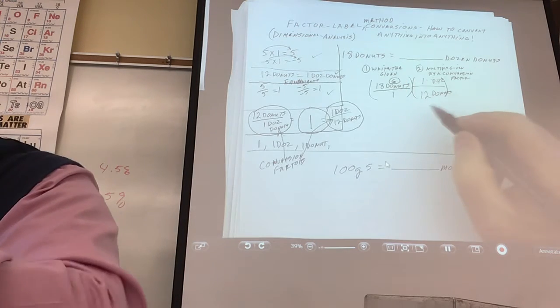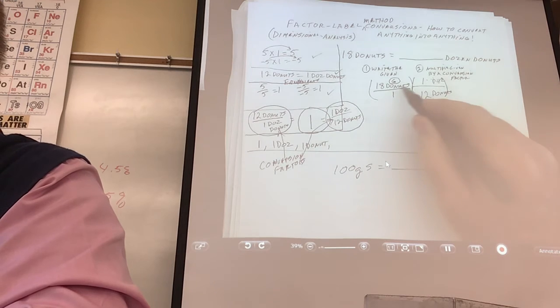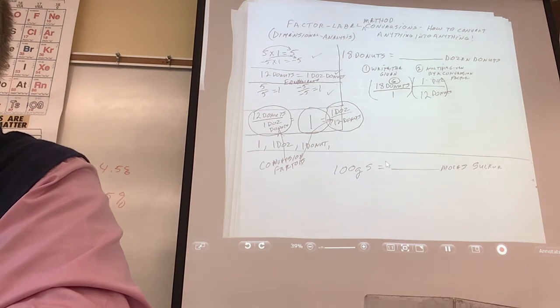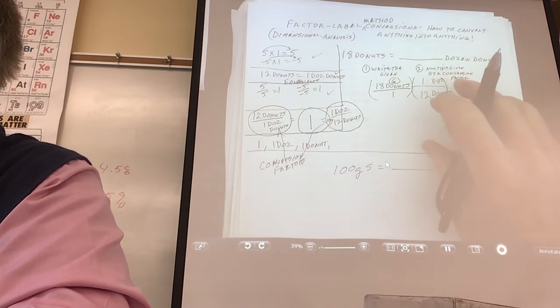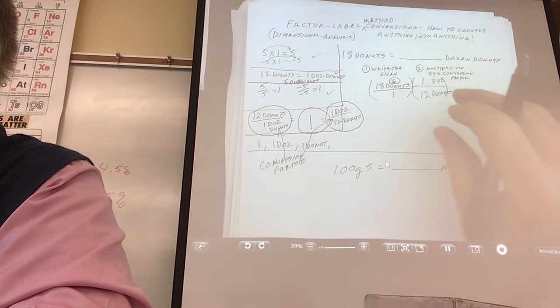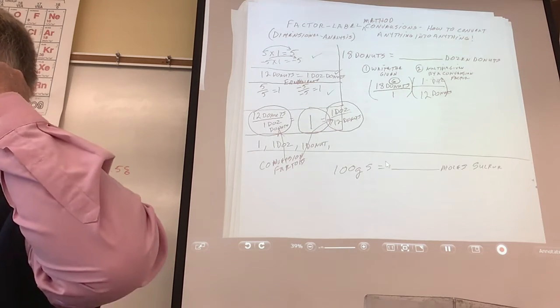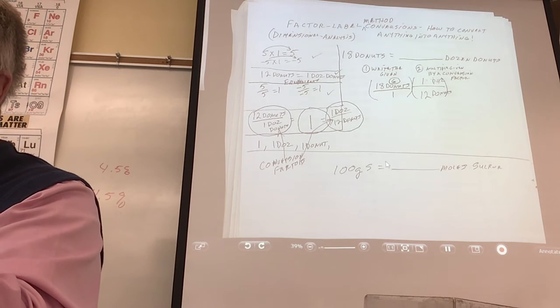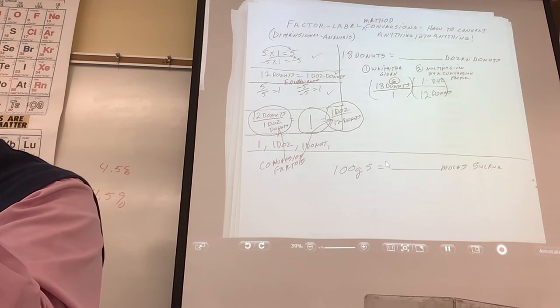Now, again, how do I know to put this one? Because I want to do this, and please allow me to be picky here. When I give a quiz on this, you guys have to be certified also. If it's a 10-point problem, you will get only 2 for the correct answer. You'll get 8 for showing me the factor label work.